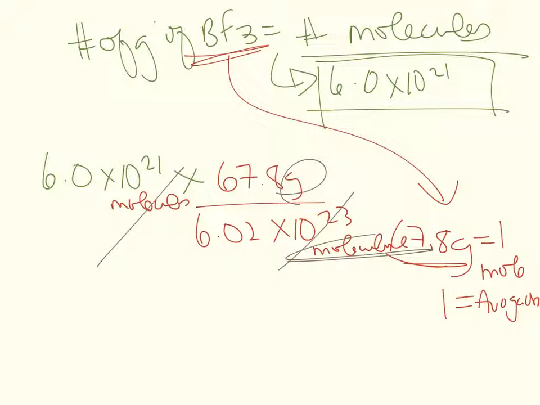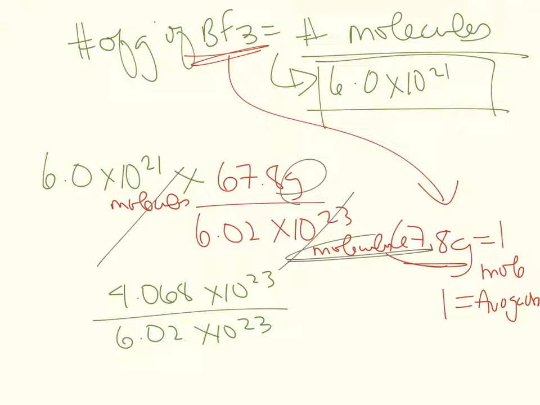So when we multiply 6 times 10 to the 21 by 67.8 to be exact, we get 4.068 times 10 to the 23, and we're going to divide that by Avogadro's number so that we are left with grams.